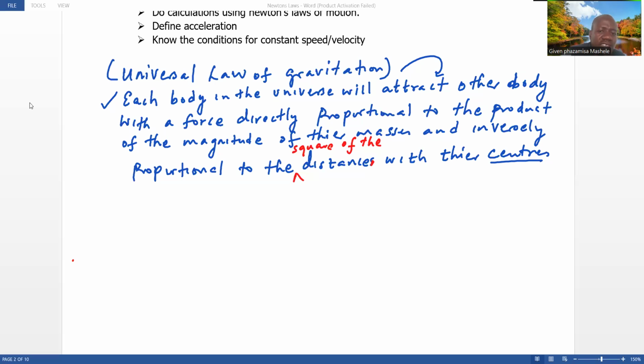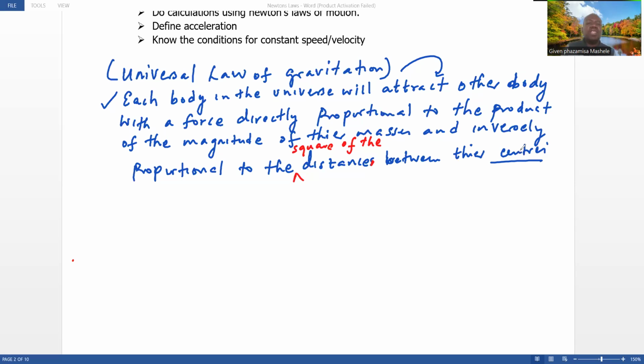The square of the distance between their centers.